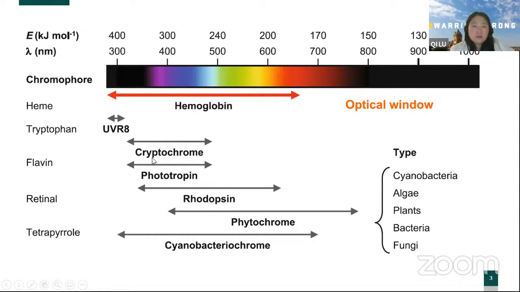Then cryptochrome, which has a LOV domain, a light-oxygen-voltage domain, and also phytochrome and bacterial chromes. This all went through in previous lectures.